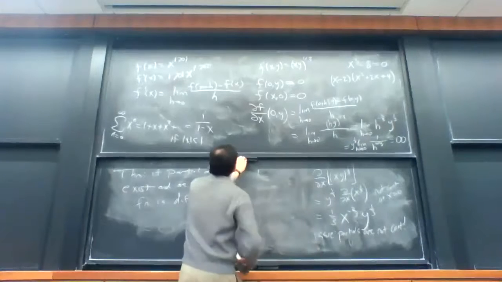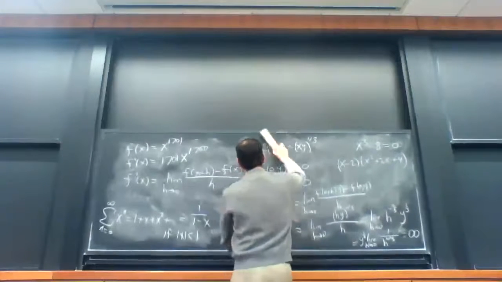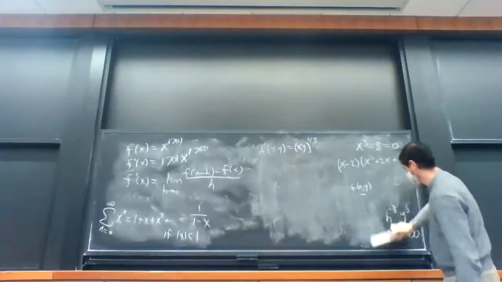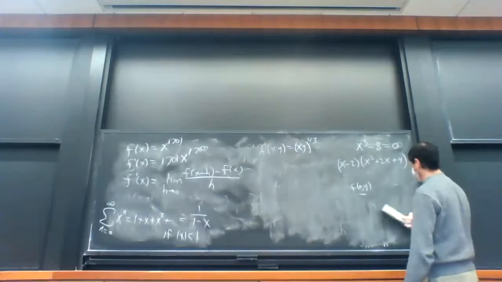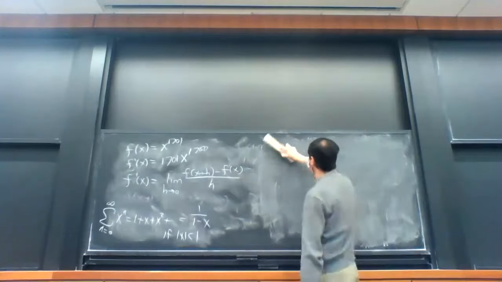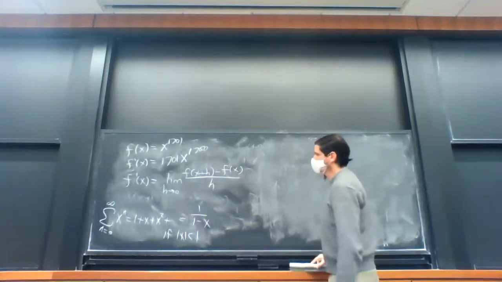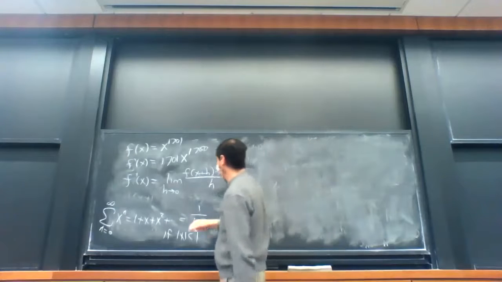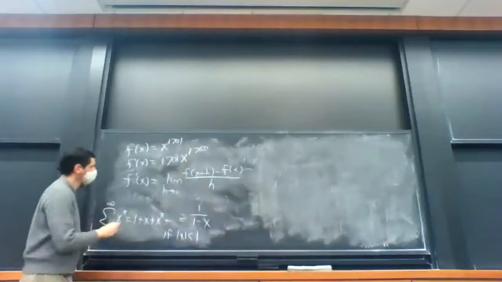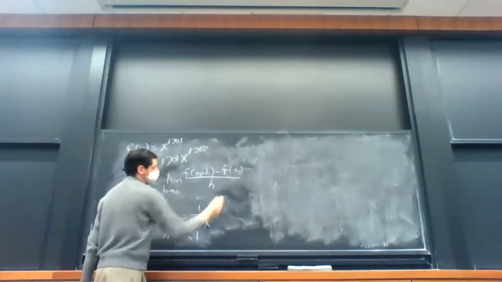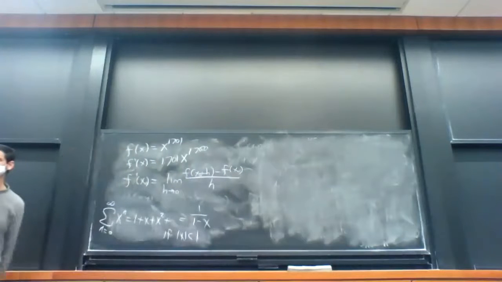Okay. So if you come back over here, this is the advantage of working on the blackboard, is I can change things very quickly. Instead of talking about h going to 0, instead of using the point x, I could use the point x naught. Does that make any real difference?